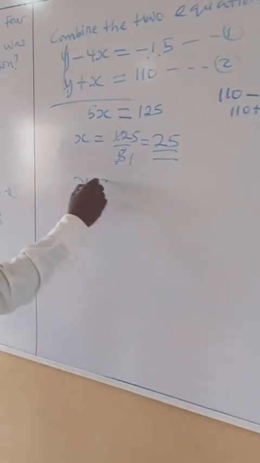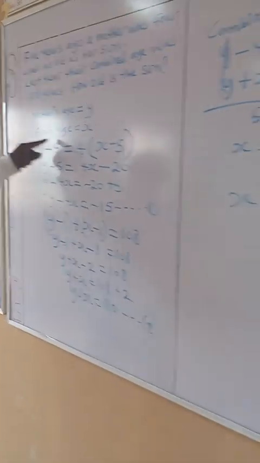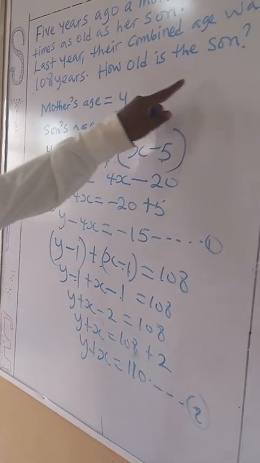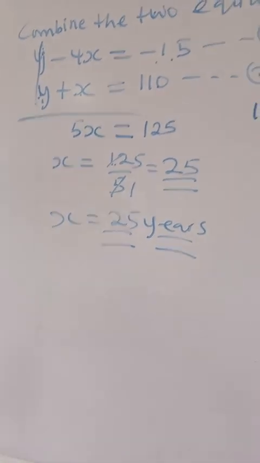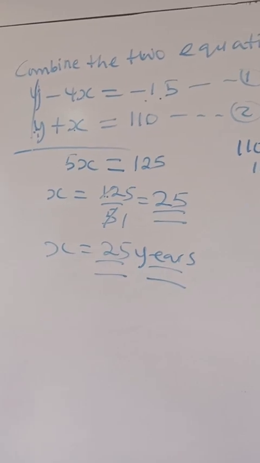So x equals 25. And from here, note, the son's age equals x. How old is the son? The son is 25 years old. That is the answer to the question.